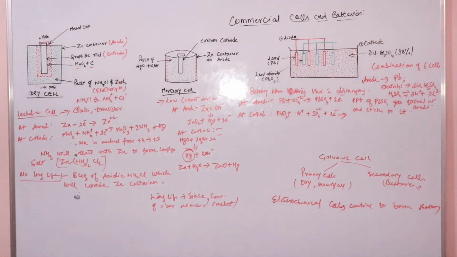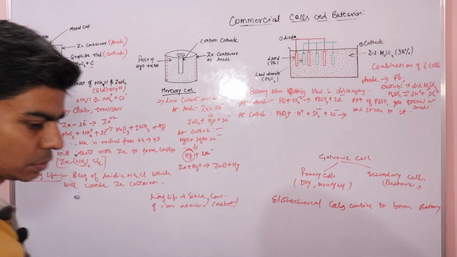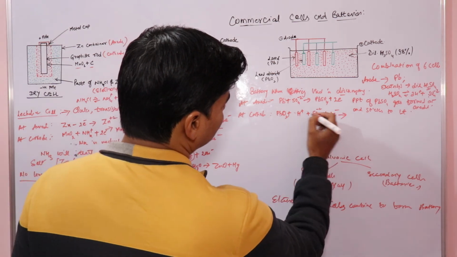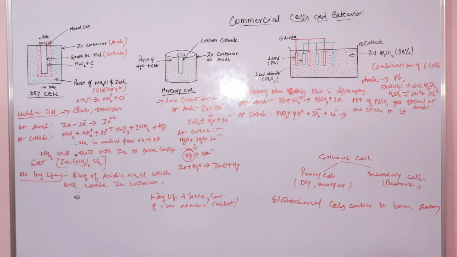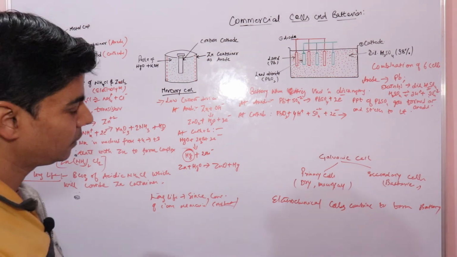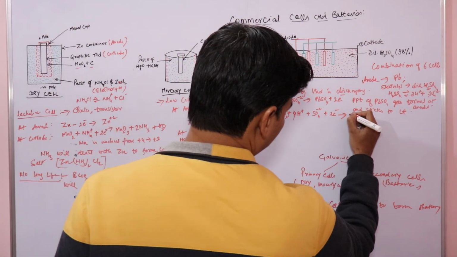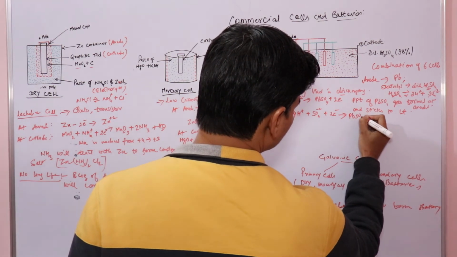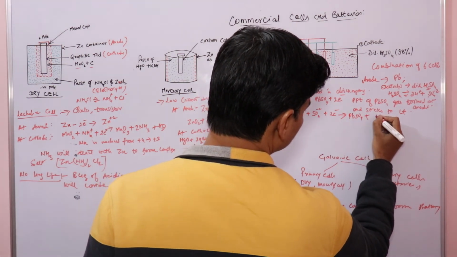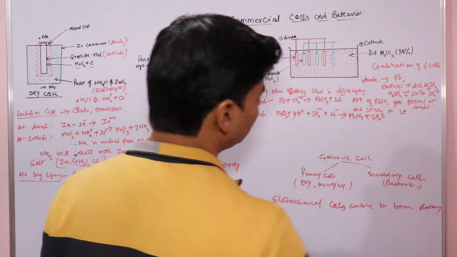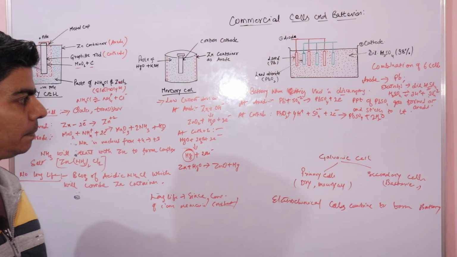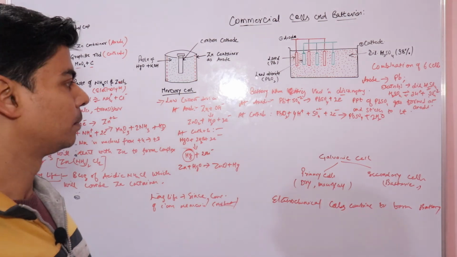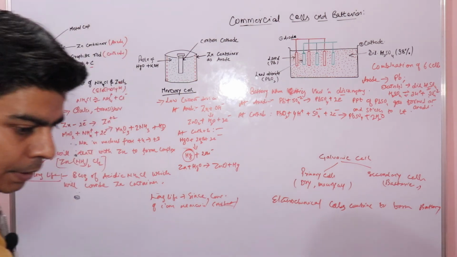It will form lead sulfate and 2 molecules of water. Let's balance it: 4 hydrogen ions and 2 electrons form PbSO4 plus 2 molecules of water. So we see that even at the cathode, a precipitate of lead sulfate gets formed.